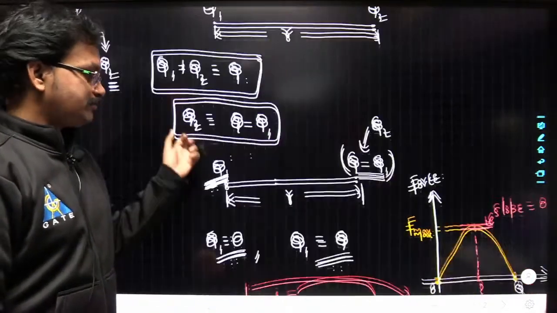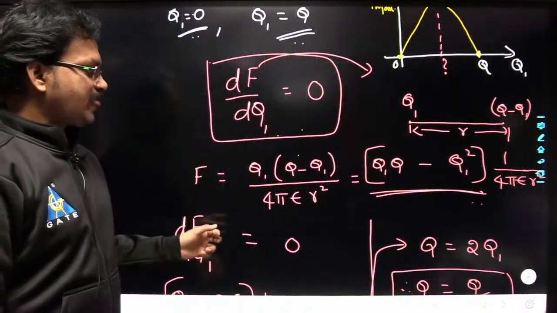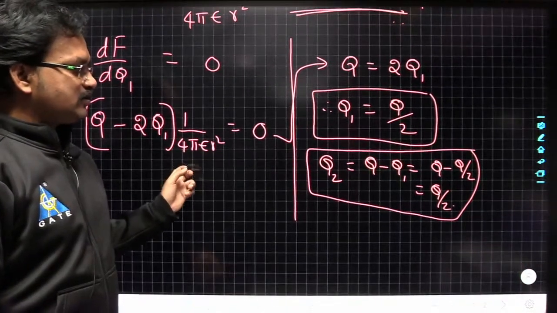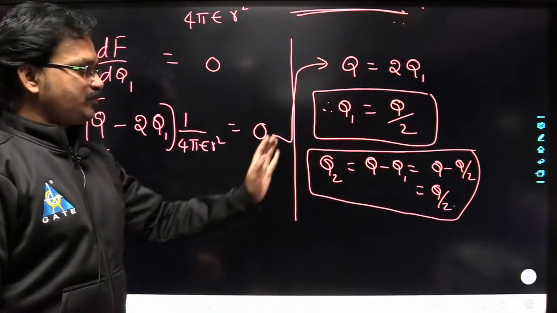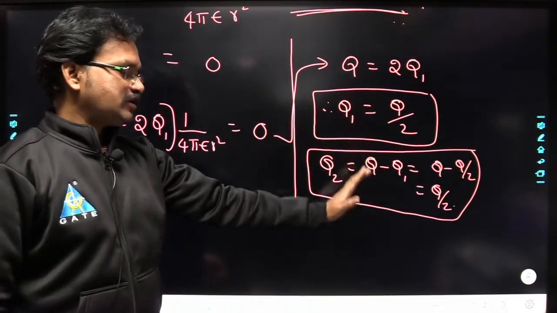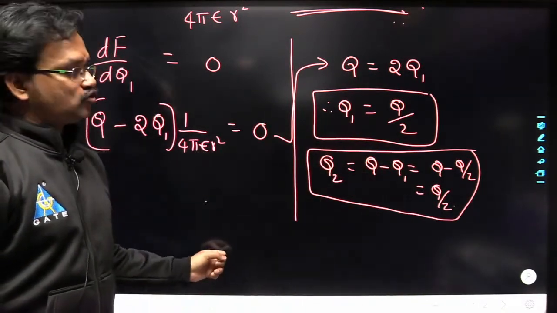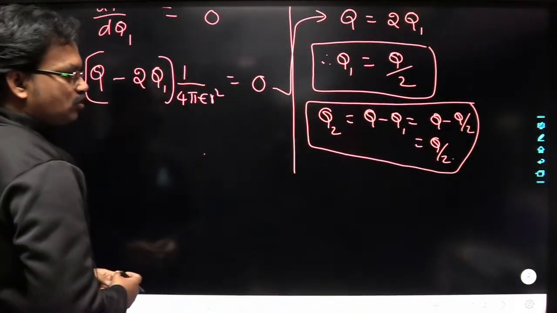So if you split the total charge into 2 fractions such that one is Q by 2, another one is also Q by 2, in the same proportion, then you are going to get the maximum force between the charges. So Q1 is equal to Q by 2, Q2 is equal to Q by 2.